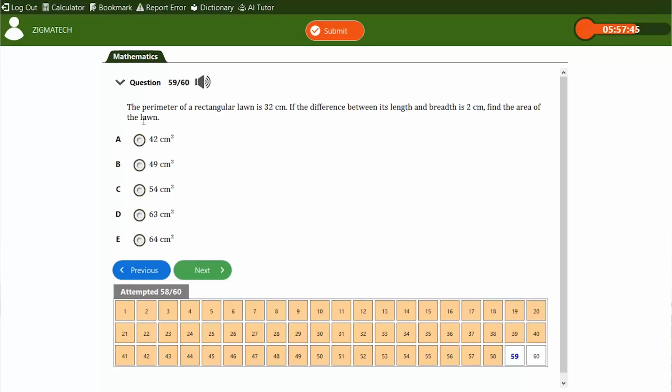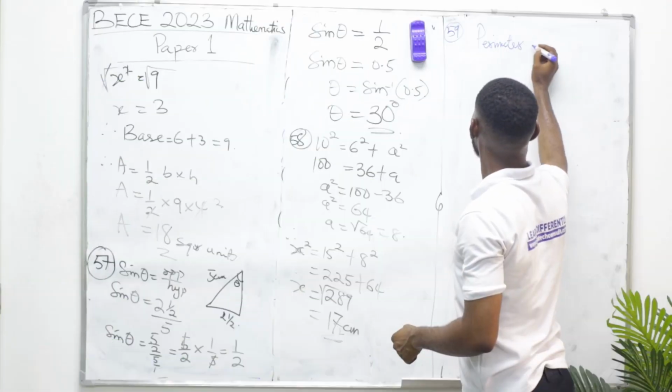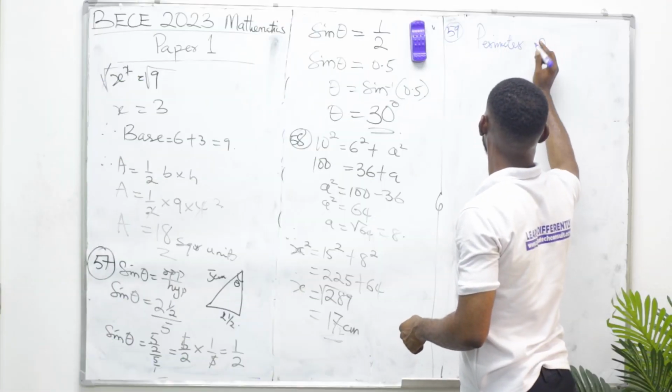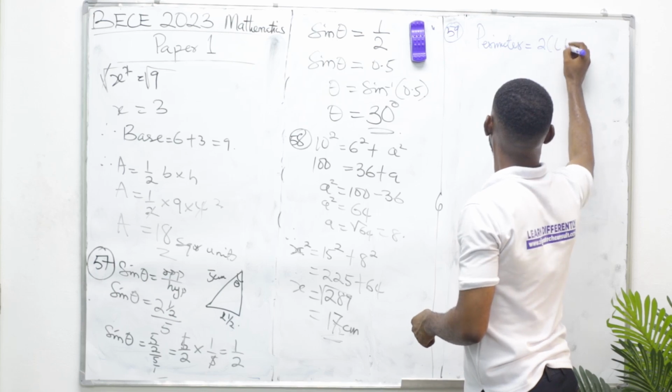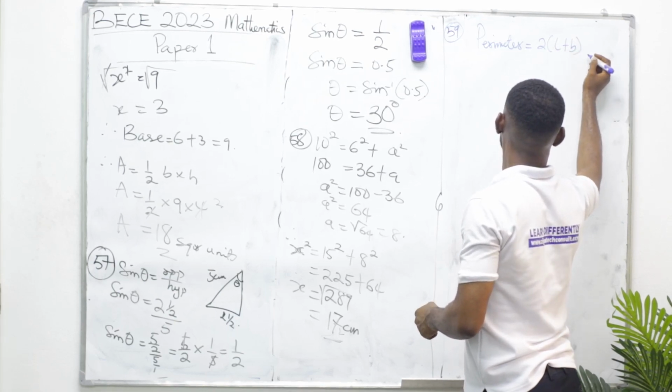So let's see that. The perimeter is equal to 2 times length plus breadth, right?